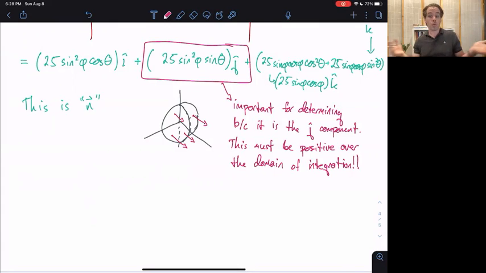Well, you look at it and you say, oh, well, there's a plus sign. You know, it's already positive. Not so fast. It's a little bit more complicated than that because we have to make sure that for the values of phi and theta that this function will adopt over this domain, it remains positive. And you'll remember that trig functions can sometimes end up being positive and negative in ways that you don't expect.